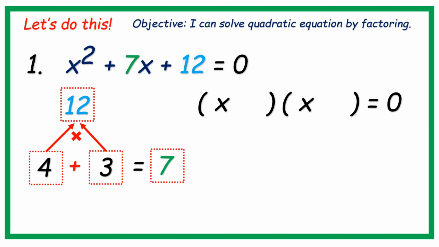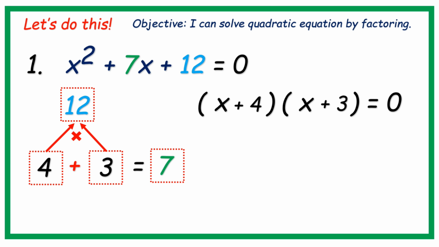So x blank, x blank equals 0. We are going to put plus 4 here because it's positive, and plus 3 here, equals 0. So x plus 4, x plus 3 equals 0.